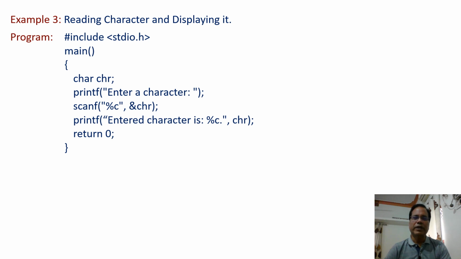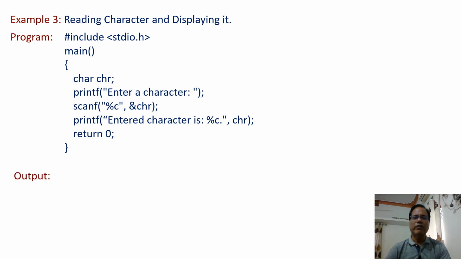The character that was entered is stored in the character variable, and then printf, entered character is, followed by %c. This specifies that we have to print the character data at this point. So the compiler searches for the character variable, and the value of chr gets printed at this point.